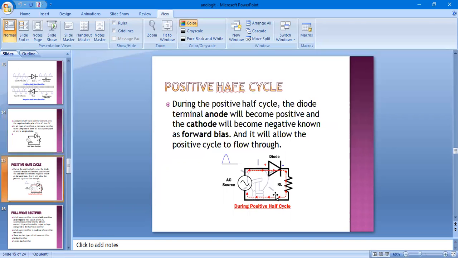During the positive half cycle, the diode terminal anode will become positive and the cathode will become negative, so it is forward biased. It will allow the positive current to flow through the diode, and in the negative half cycle the current tries to flow in the opposite direction and is blocked.